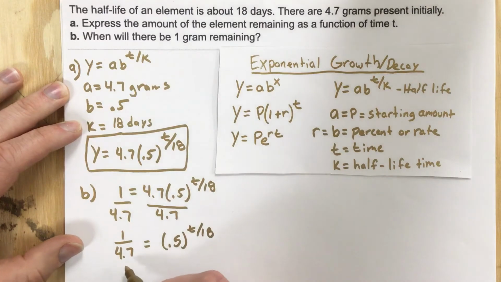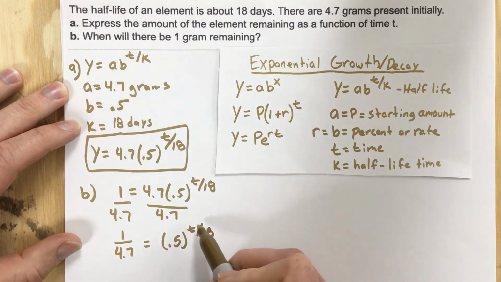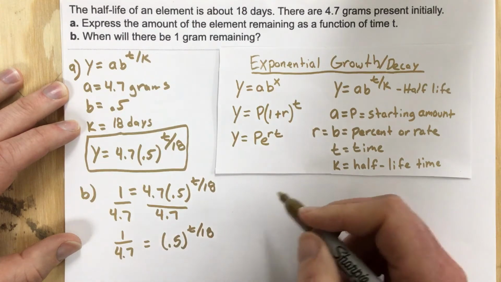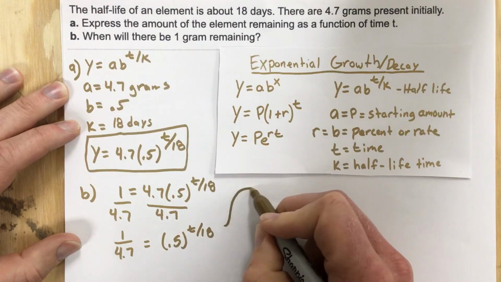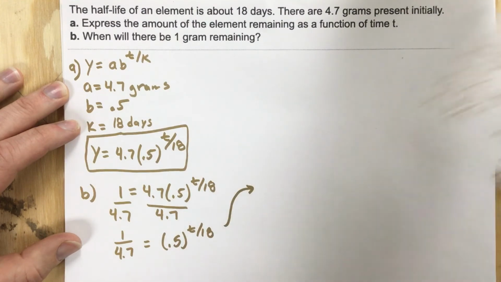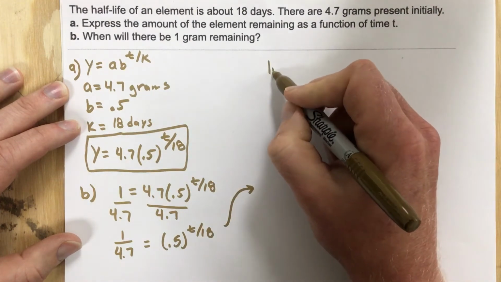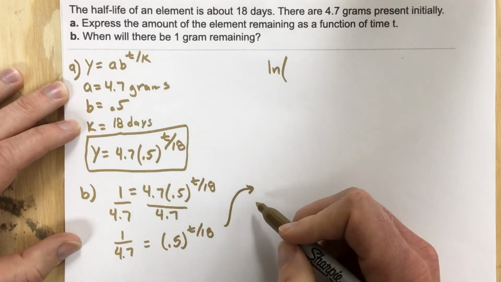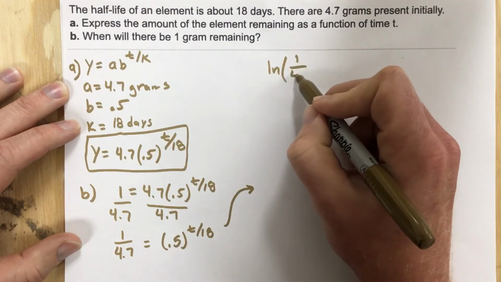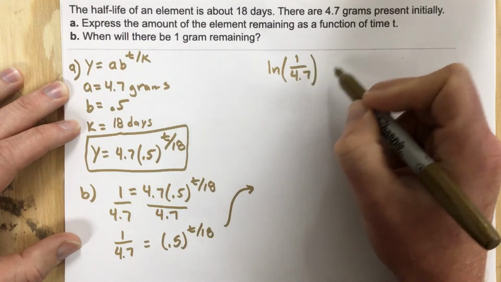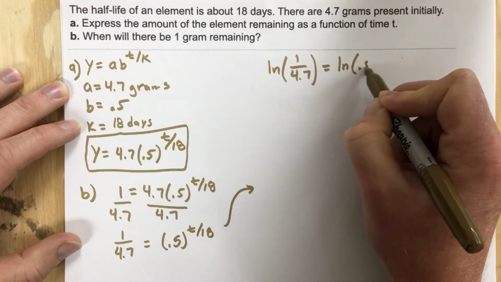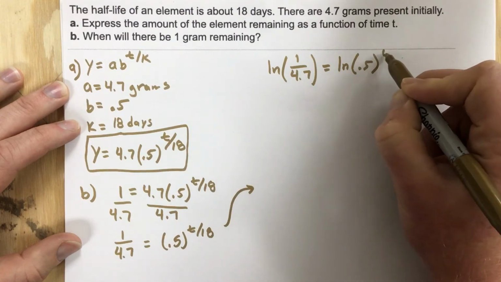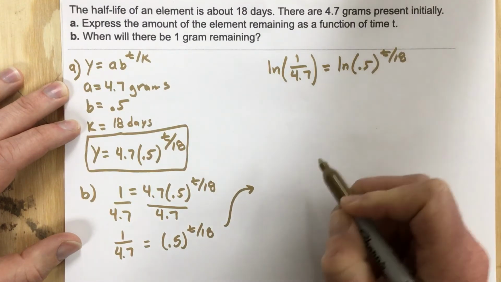Now at this point I need to take the log of each side to get this exponent out front. So I'm going to take the natural log of each side. Natural log of 1 over 4.7 equals natural log of 0.5 to the t over 18 in the exponent.